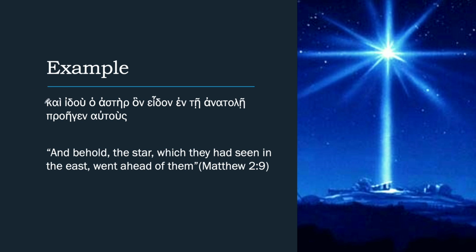Let's look at the second example. Kai idou ho aster hon eidon en te anatole proegen autois. And behold, the star which they saw in the east went ahead of them. Okay, so this is referring back to the star. The star here is masculine, nominative, singular.